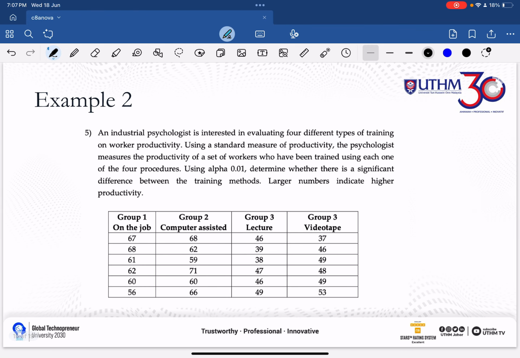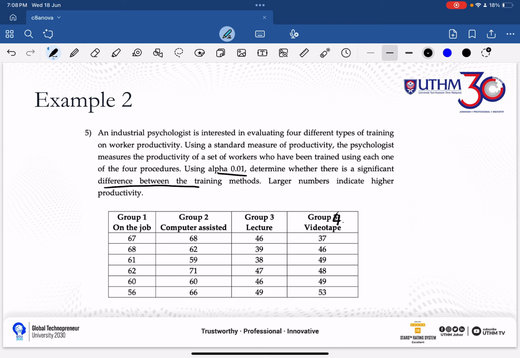Here, another example, example 2, we have 4 groups. We use alpha 0.01, and determine whether there is a significant difference between the training methods.